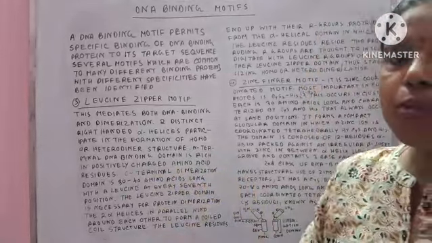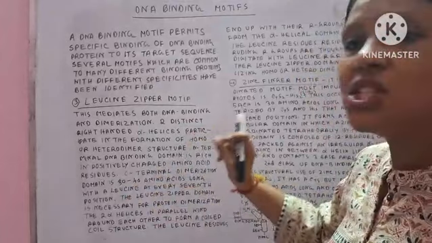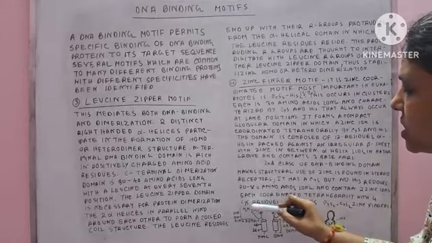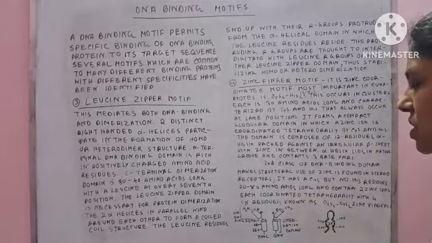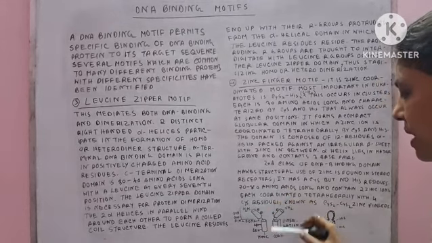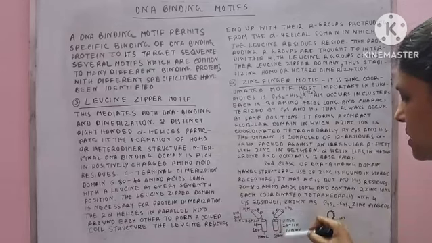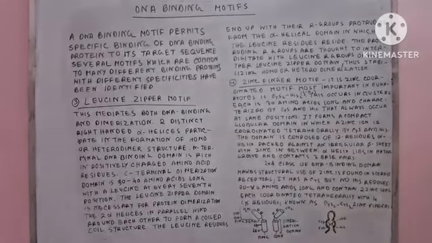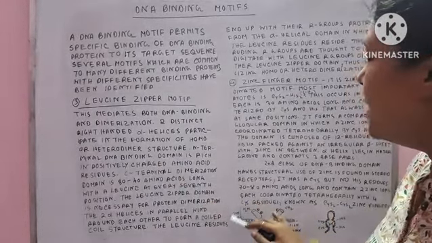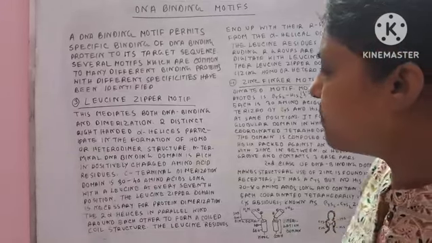This is the rough structure: this is the N-terminal region, called the DNA binding domain, and this C-terminal region is called the dimerization domain. So there are two parts, one for DNA binding and another for dimerization.